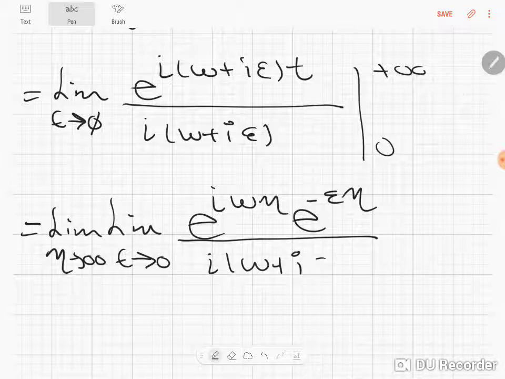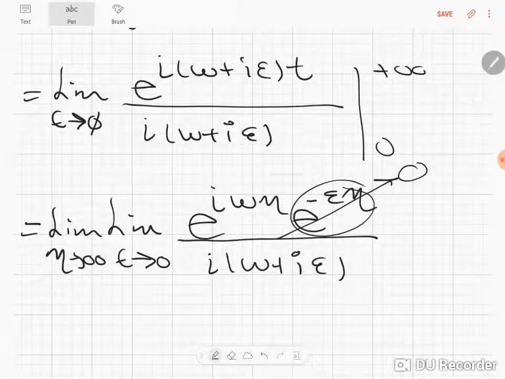The thing here is that this exponential decays quite fast, in the sense that this eta is very large. Even though epsilon is 0 or near 0, since eta is very large, this is a decaying exponential, and that makes this identically equal to 0.